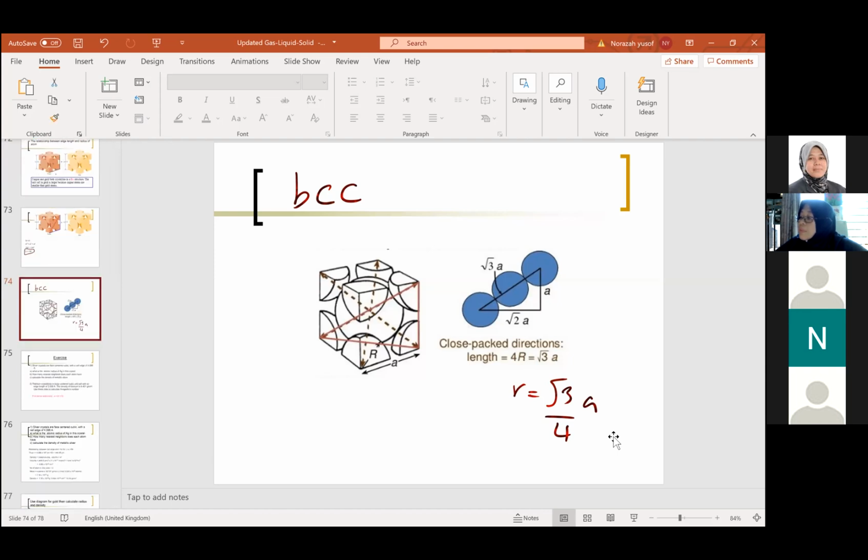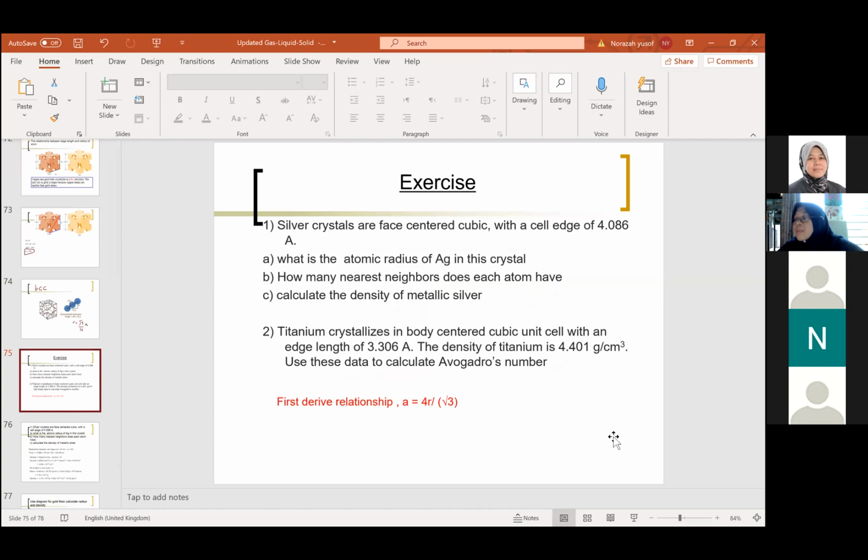So let's look at the exercise. This question is very important for you. Silver crystals are face-centered cubic. You are given a face-centered cubic with a cell edge length of 4.086 angstrom.